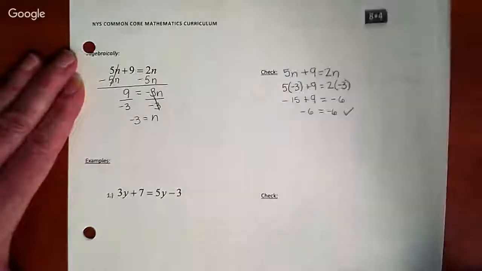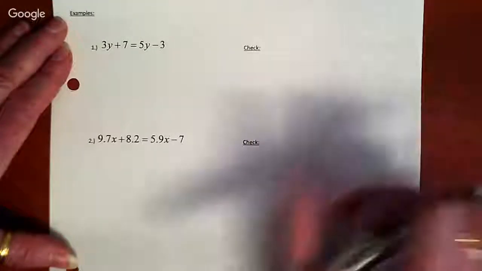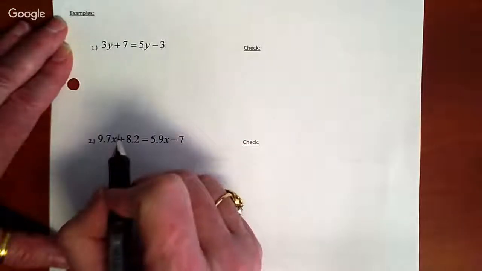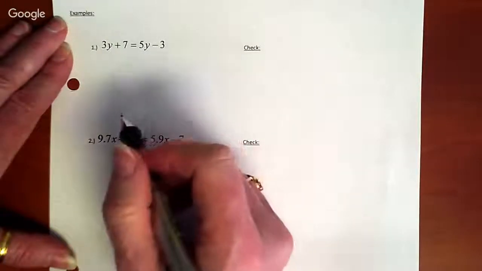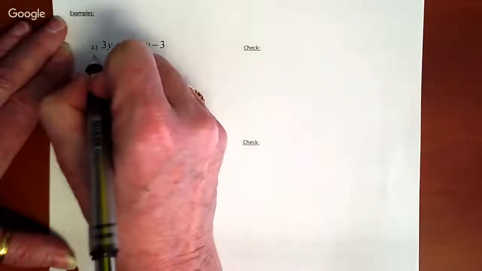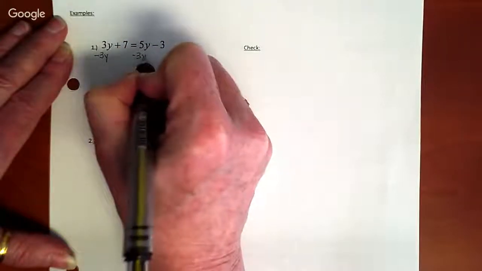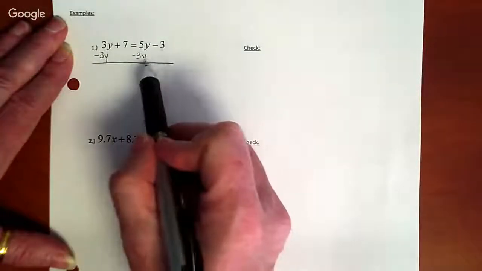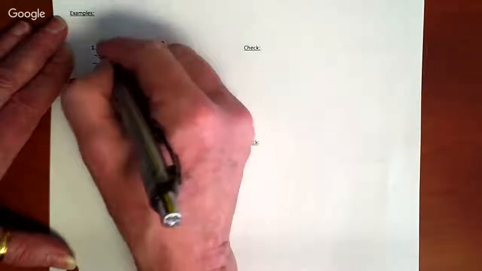Our next example, we have 3y plus 7 equals 5y minus 3. I always like to try and make sure that I use a positive variable. So in this case, I'm going to subtract 3y from both sides. I do want to mention, if I were to subtract 5y from both sides, I would get the same answer.